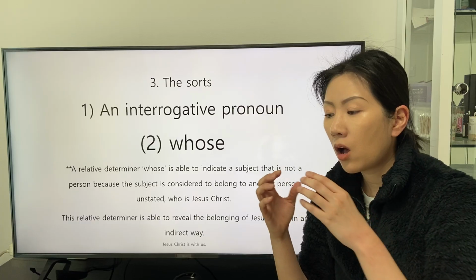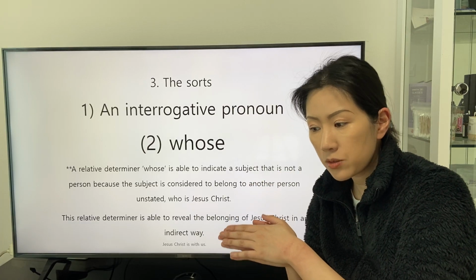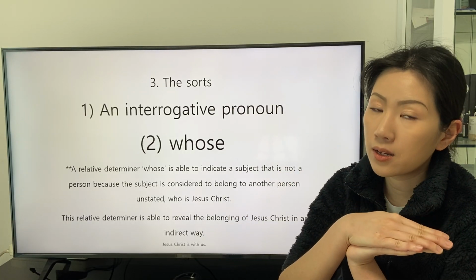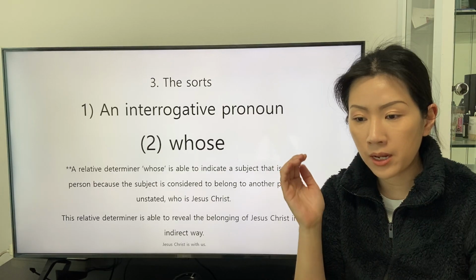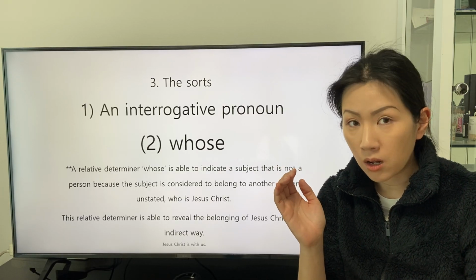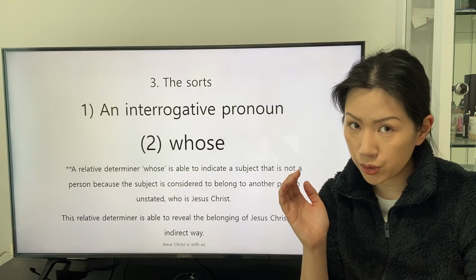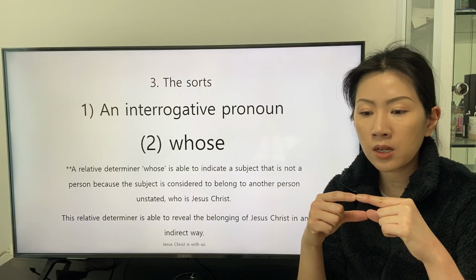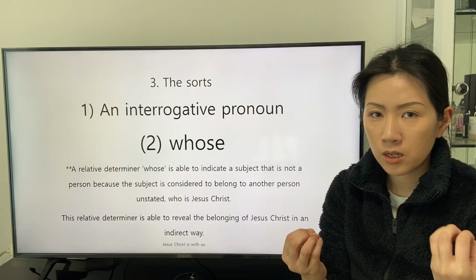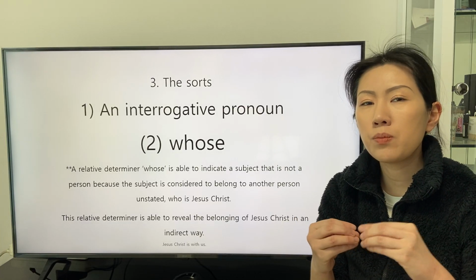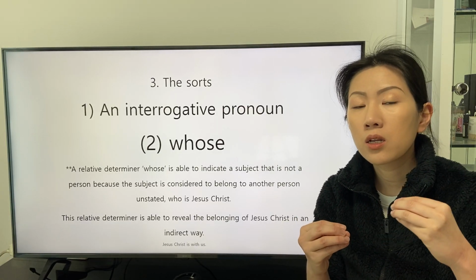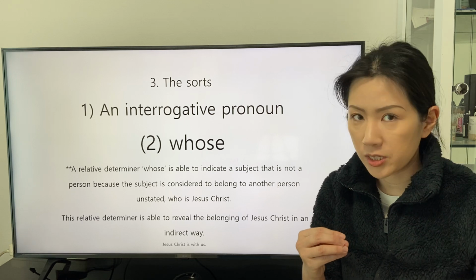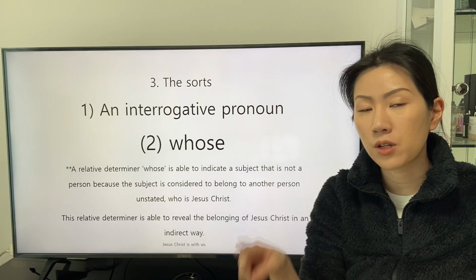This means a thing belongs to the other thing in a main clause, because the other thing is stated to be a belonging of a person in the main clause.